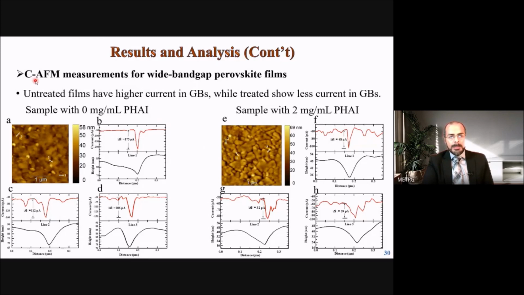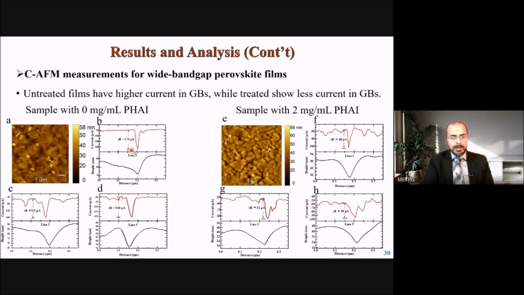The one that I'm presenting right now is CAFM, conductive atomic force microscopy, a current sensing measurement. The left side of the slide represents 3 different areas, 1, 2, 3, and this is the corresponding current, line 1, line 2, and line 3.